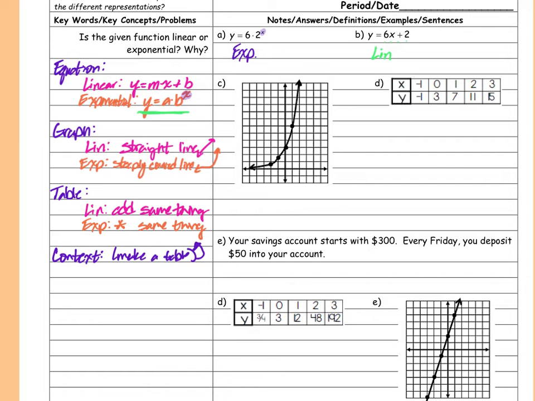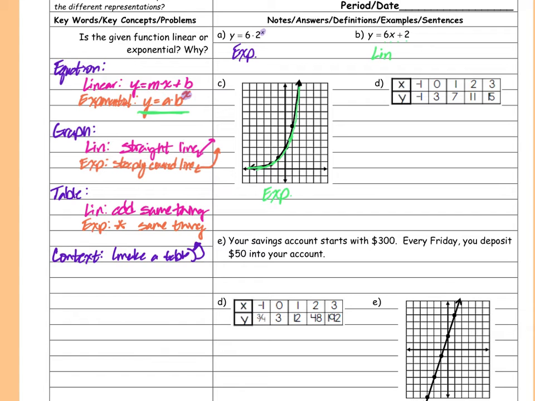Mateo, you were already right. Anybody else going to answer? So this is curved. I kind of see a little L shape. I can use my big imagination and say, oh yeah, that kind of looks like a curved L. So that is exponential.